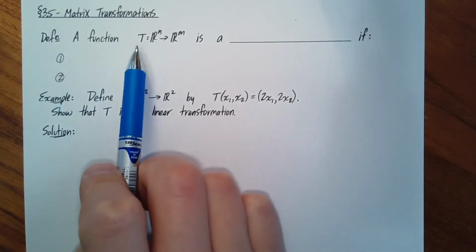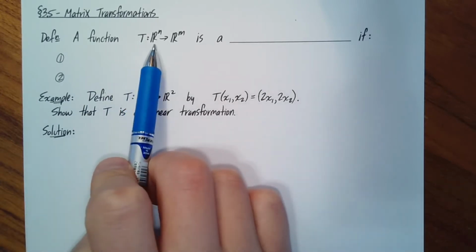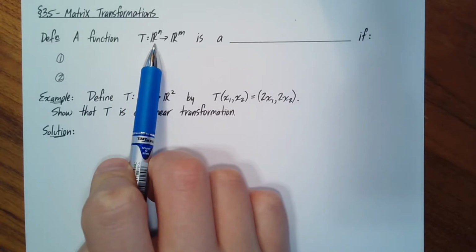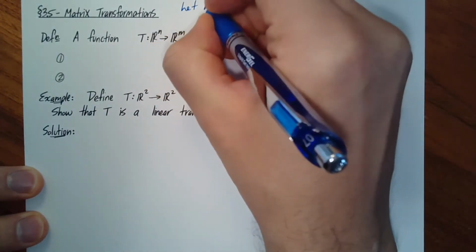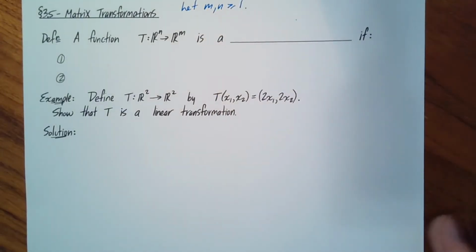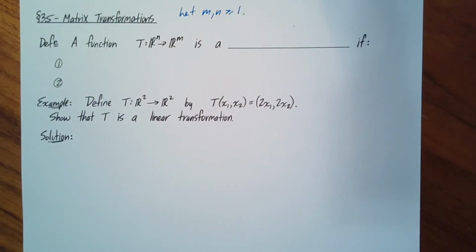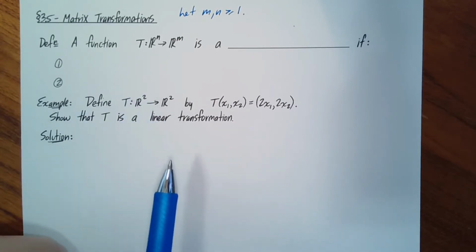So remember what this notation means. This means we have a function called T, and it takes as input a vector in R^n, so a vector with n coordinates, and gives you back as output a vector with m coordinates. It's understood in the background that m and n are just two positive counting numbers, the number of coordinates in the input vectors and the output vectors of this function T. Okay, so let's get to the definition now.